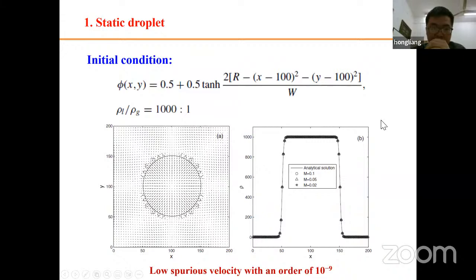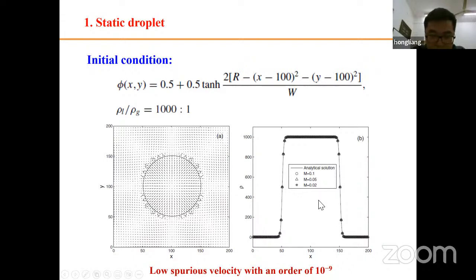As we can see, this is the result of a solid and unsolved drop in the square computational domain. We can see that the obtained interface agrees very well with the analytical pattern. We can also see from figure B that the density agrees well with the analytical solutions.